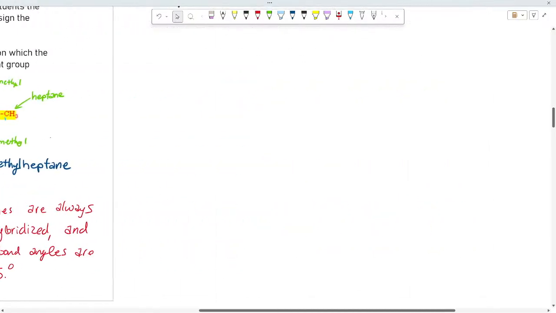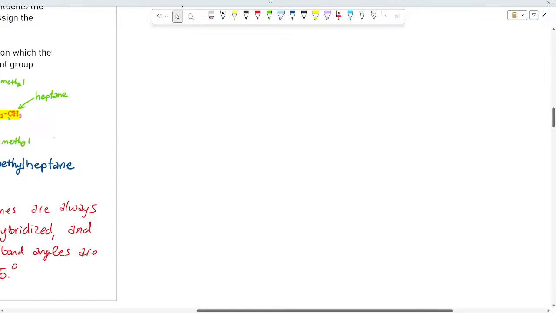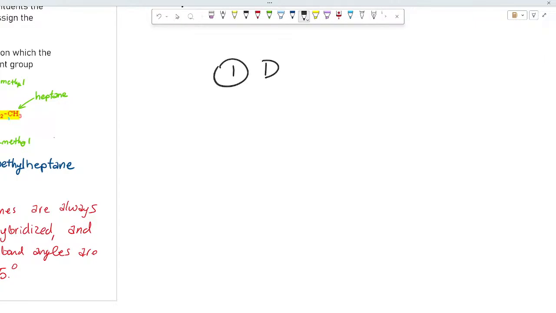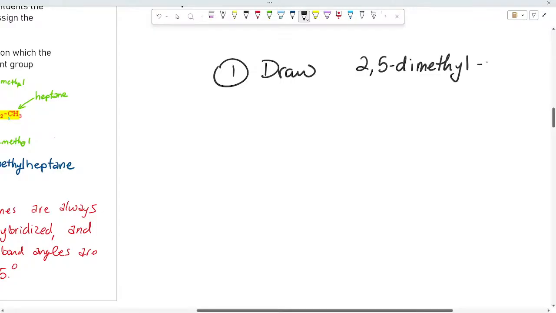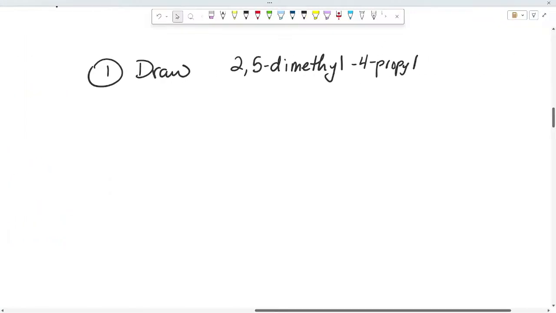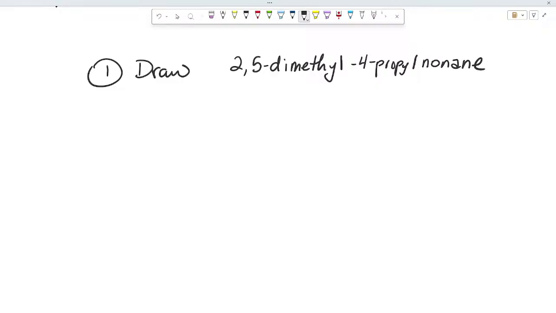Before we move on, let me draw one. I'm going to do 2 questions. You can do this in the margin. You can do this on a piece of scrap paper. All right, ready? First, I want you to draw 2,5-dimethyl 4-propyl nonane. I want you to draw that for me. 2,5-dimethyl 4-propyl nonane.